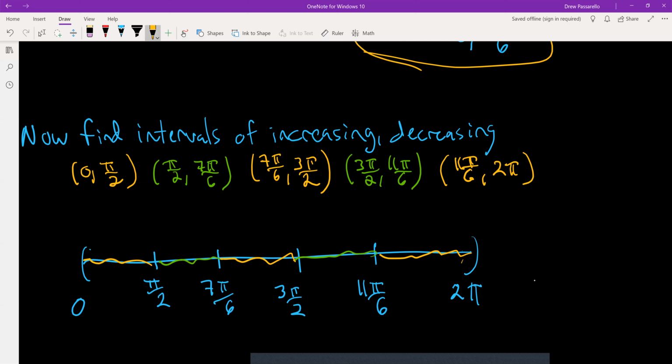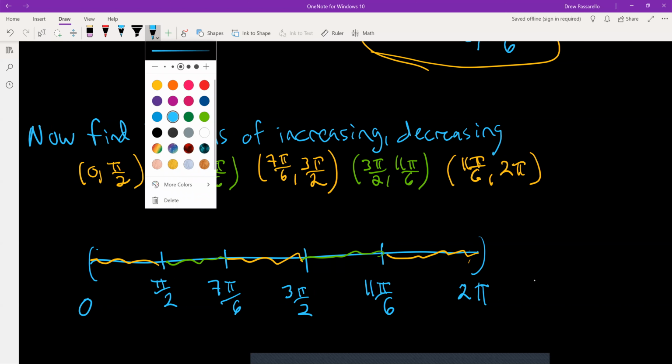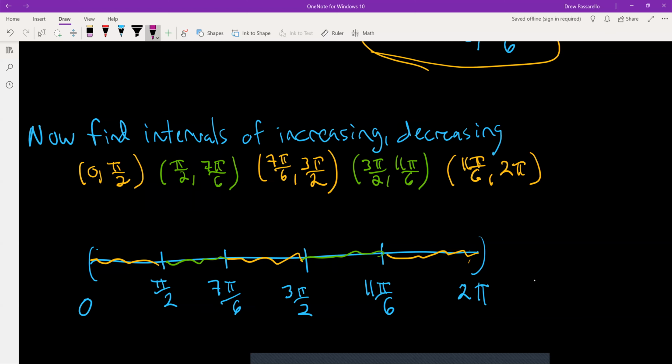All right, so I have to pick some test values from each of these intervals. We have 1, 2, 3, 4, 5 sub-intervals, which means I'm going to have 5 test values. And for each test value, I'll just use purple. A value that's between 0 and pi over 2, that's up to my choosing.